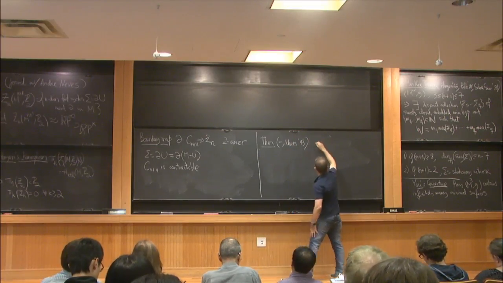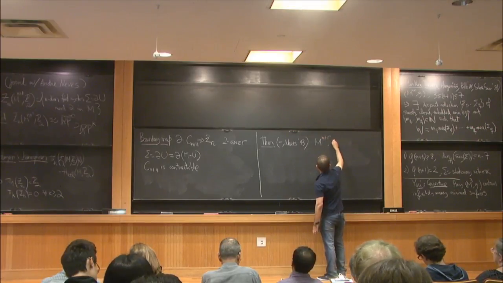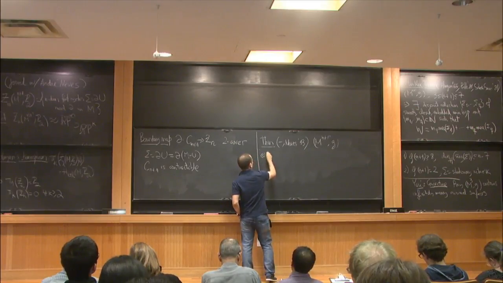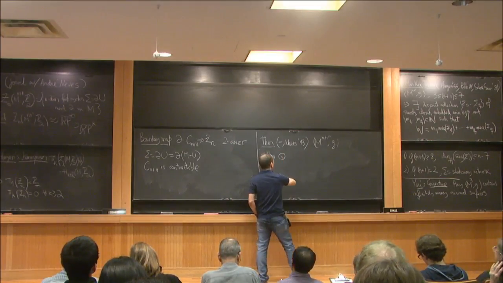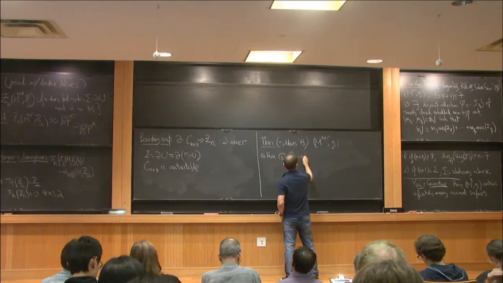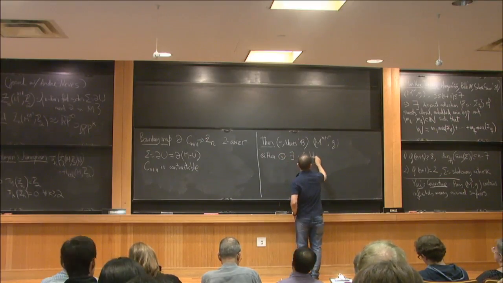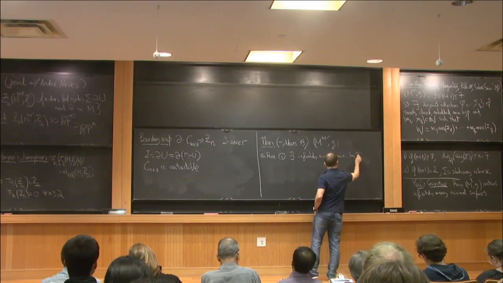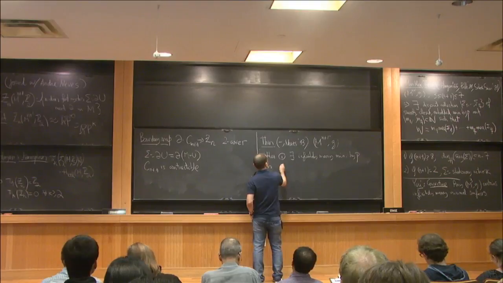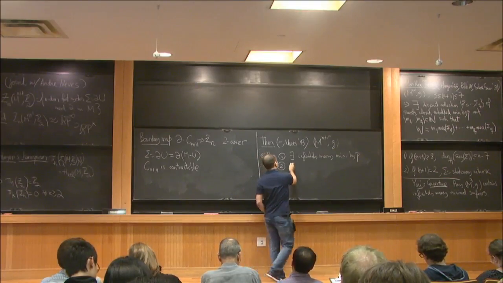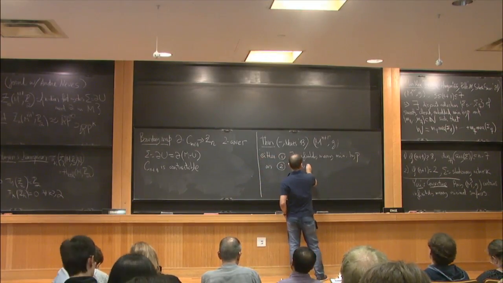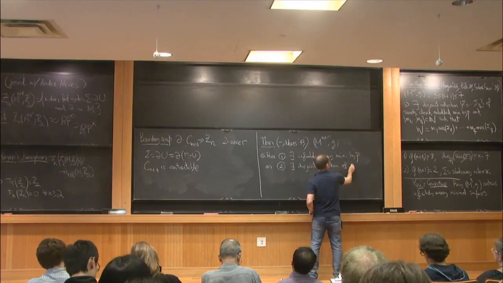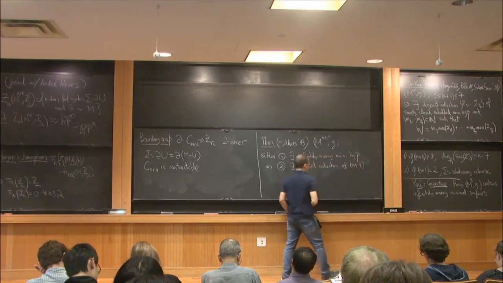So we proved that for any closed Riemannian manifold, either one has infinitely many minimal hypersurfaces, or one can find a disjoint collection of n plus 1 minimal hypersurfaces.